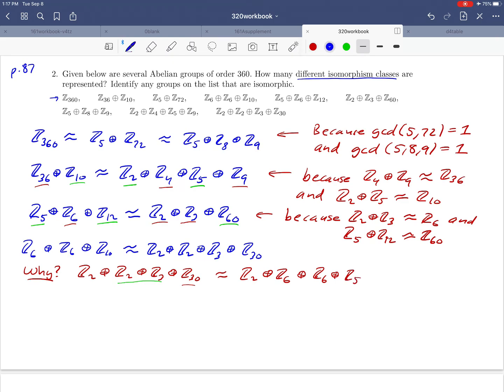Then notice that we can put the 2 and the 5 together, because 2 and 5 are relatively prime. That's going to give us a Z10 plus a Z6 plus a Z6.